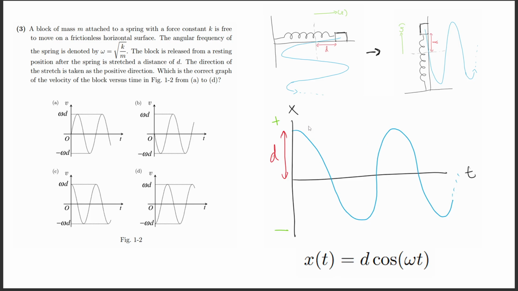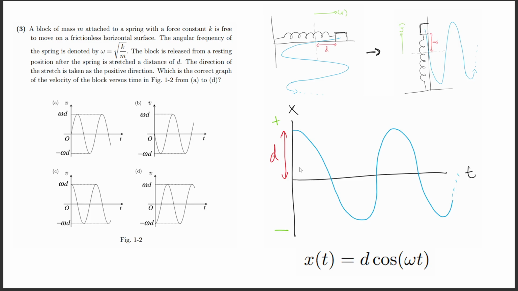So we can express it as a graph. From a height of d, it moves like this. So this is the position x. So it is the graph expressing x as it goes over time.